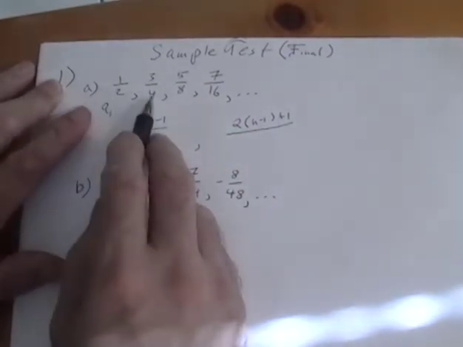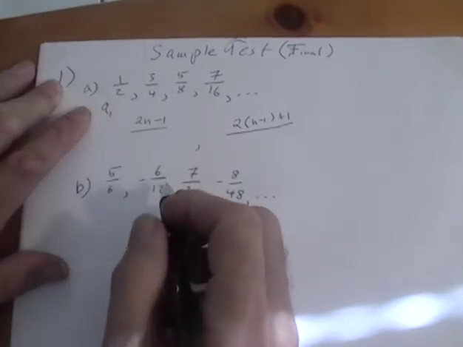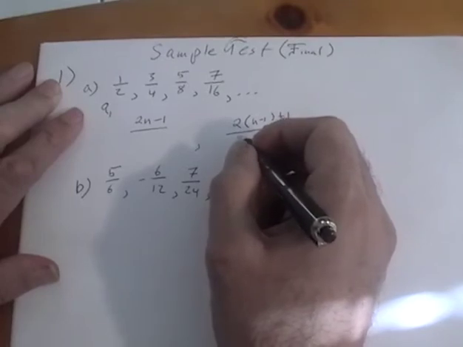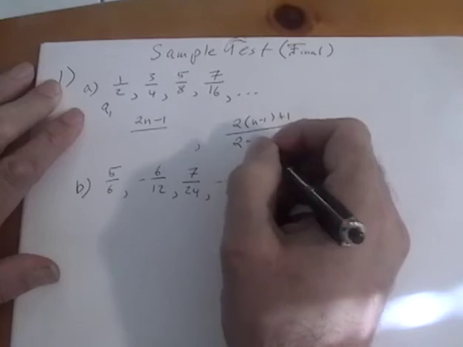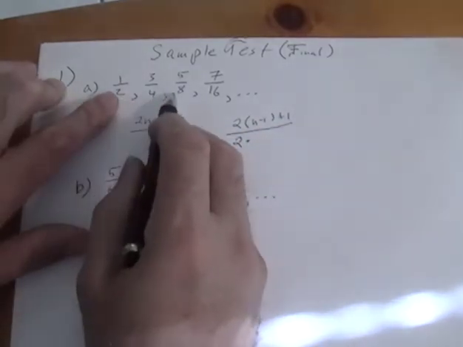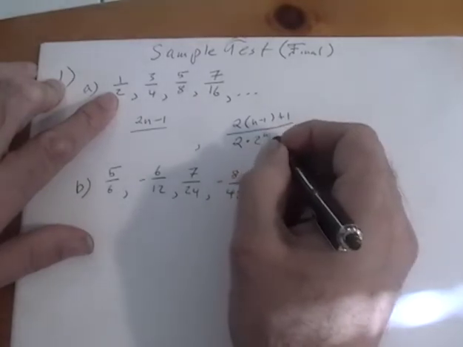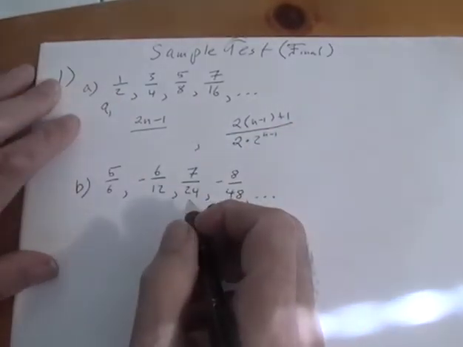The denominator is times 2. Again, the book's method is to take the first term, whatever it is, in this case 2, and to multiply it by the ratio to the n minus 1.